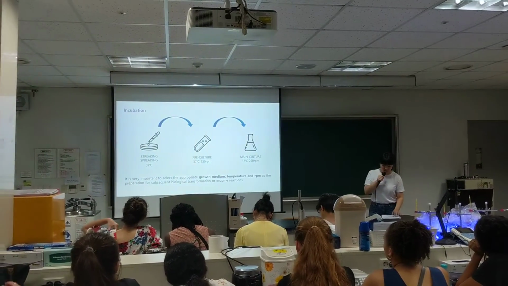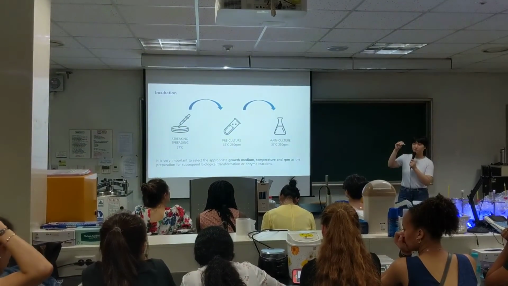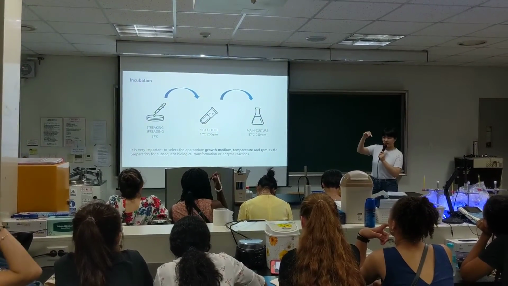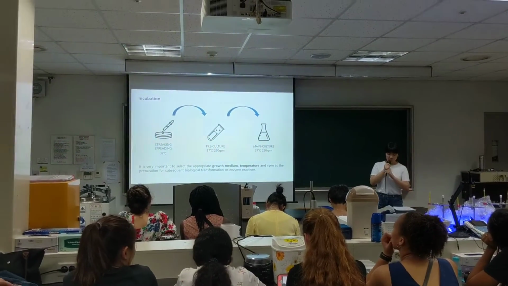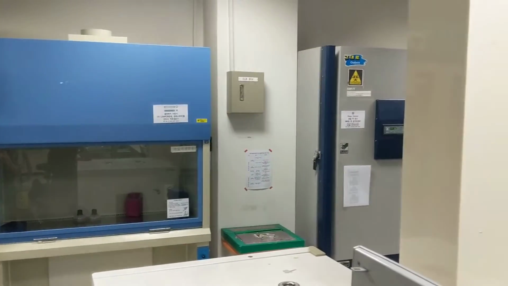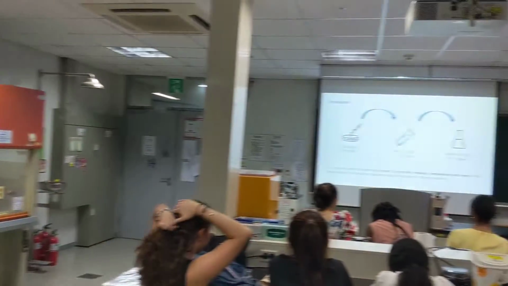Then first of all, take a stock. This is the recombinant E. coli stock we made, and we stored it at minus 70 Celsius over there in the deep freezer, and streak or spread it on the solid medium. This is solid medium.